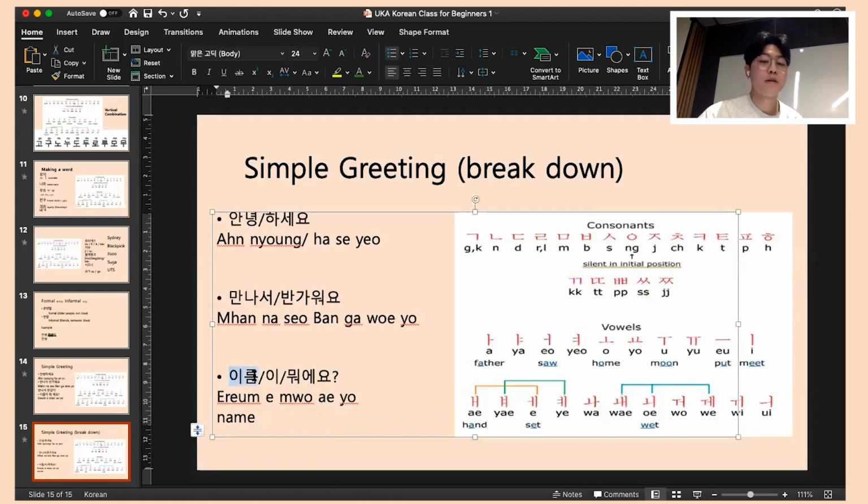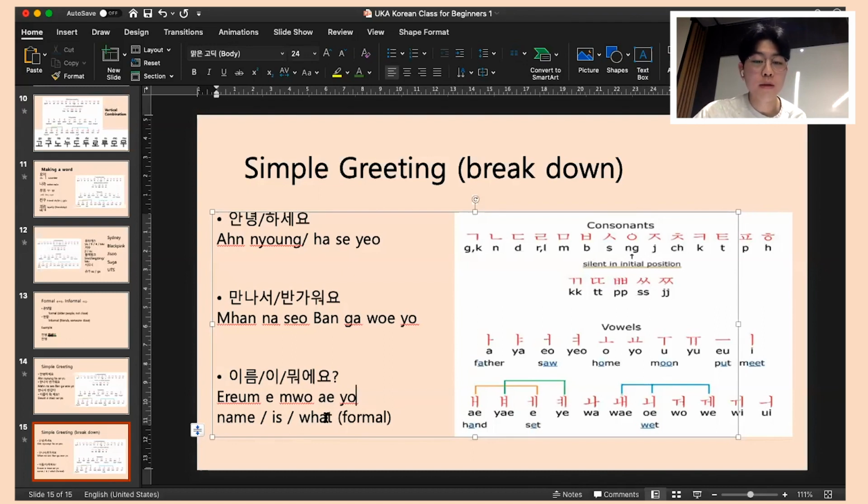This is the word name. 이 is is. 뭐예요 is what in a formal way, because it has yo at the end. So what is your name? What is name? It doesn't necessarily mean your name, but when you're speaking one-to-one, obviously it's your name.